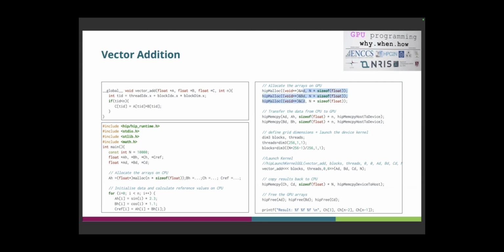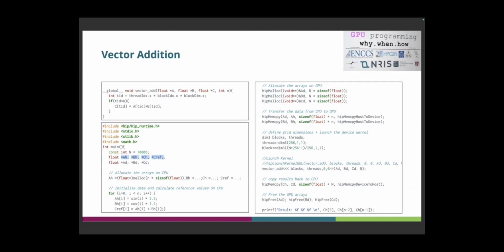And we see that we have two sets of pointers. Here we have AD, BD, and CD. And then also at the beginning of the code, we have another set of pointers, AH, BH, and CH. The reason for this is that we have two sets of memories. One is on the GPU, which we need for processing all the data on the GPU, and then we have the CPU memory.